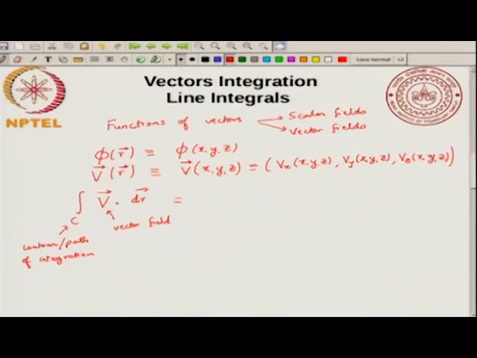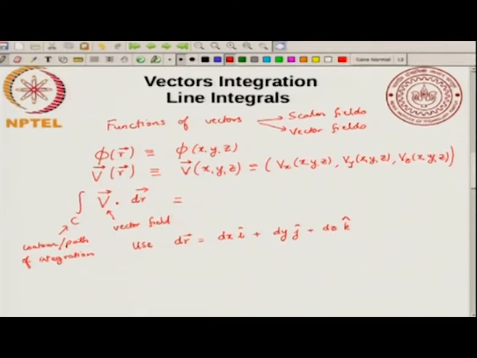Use dr equal to dx i plus dy j plus dz k. So this is a differential element in r.